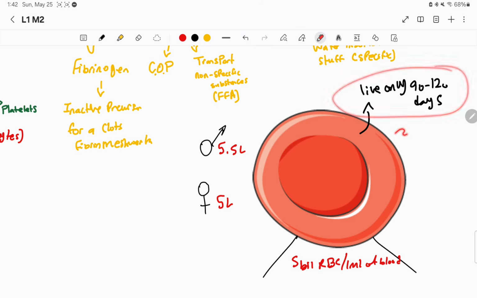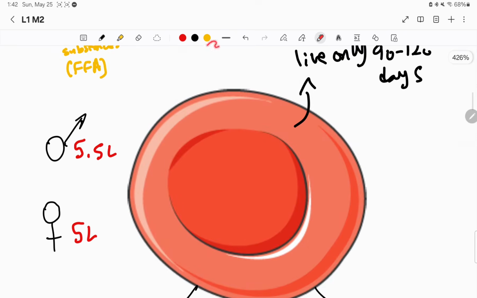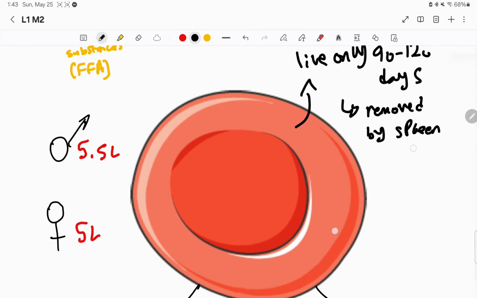But for now, just remember that they live about 90 to 120 days, and when they die, the old and damaged red blood cells are removed by an organ in your body called the spleen. In fact, the spleen has special cells called macrophages that will go ahead and remove these guys.